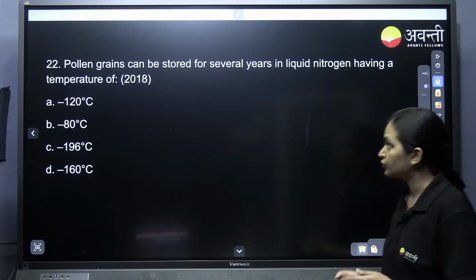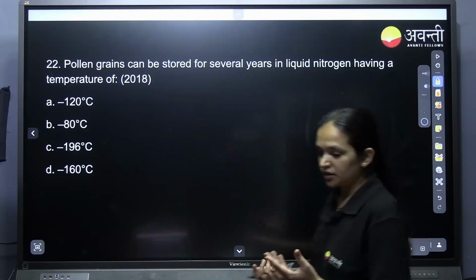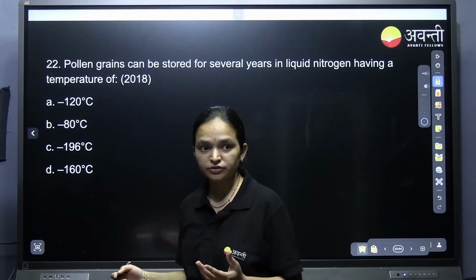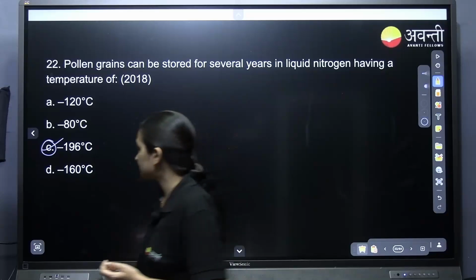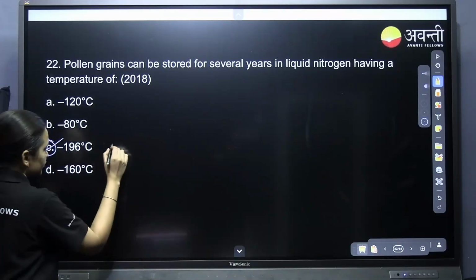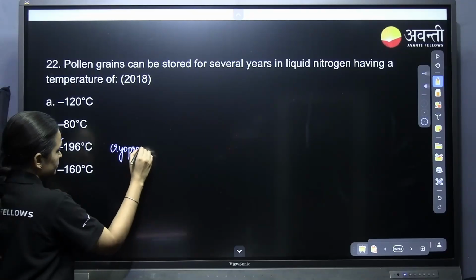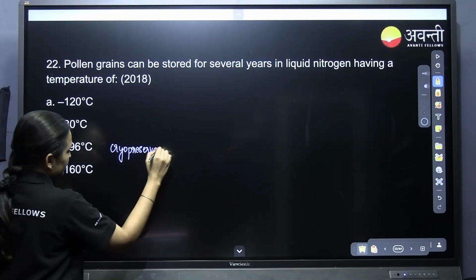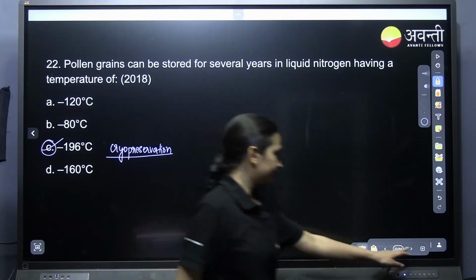Pollen grains can be stored for several years in liquid nitrogen having a temperature of, factual question, minus 196 degrees Celsius. This one we call cryopreservation. Very good.